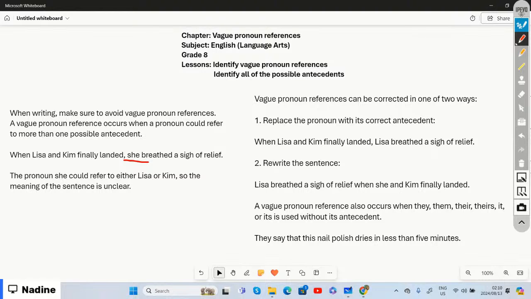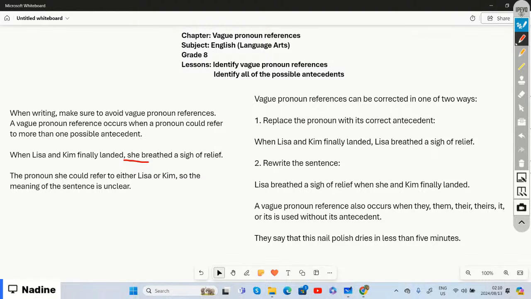Now, if we look at that specific sentence, both Lisa and Kim go by the pronoun she. So the question is, who breathed a sigh of relief? Was it Lisa or was it Kim?